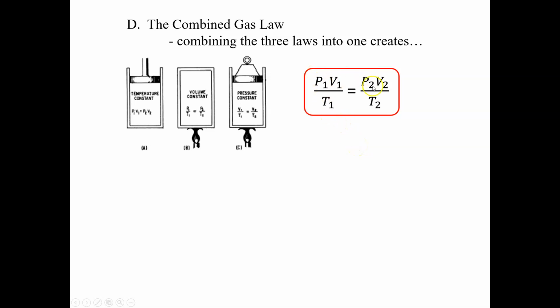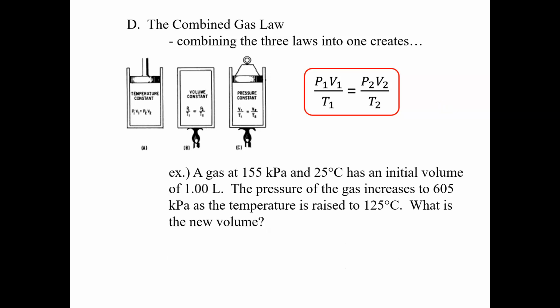Then just ignore the P's, and now you have V1 over T1 equals V2 over T2, and so on and so forth. We can ignore anything we want to if we have a problem that doesn't need all three. But if we do have a problem that needs all three, now we have a gas law that can use that. All right, so let's try this out.